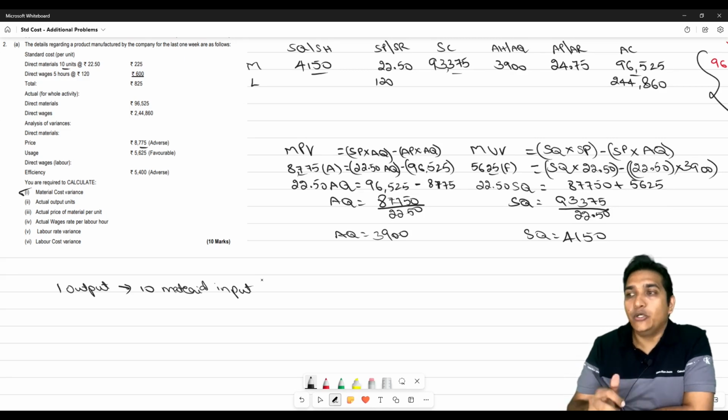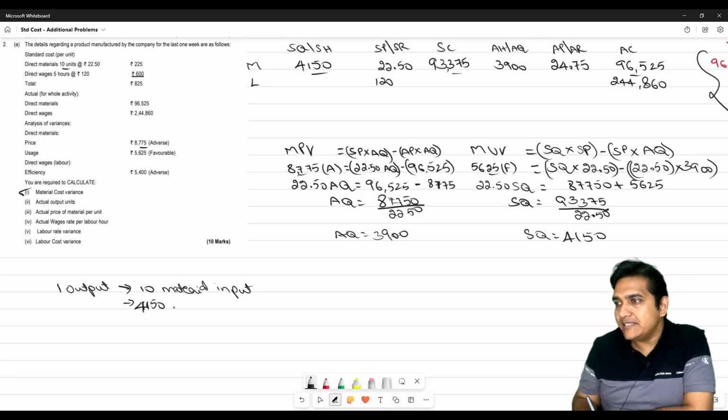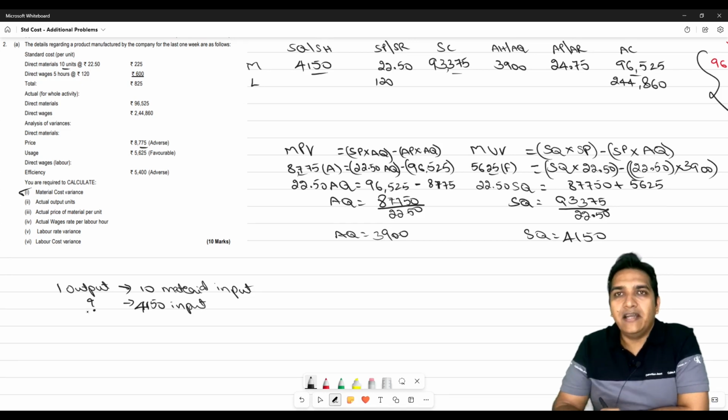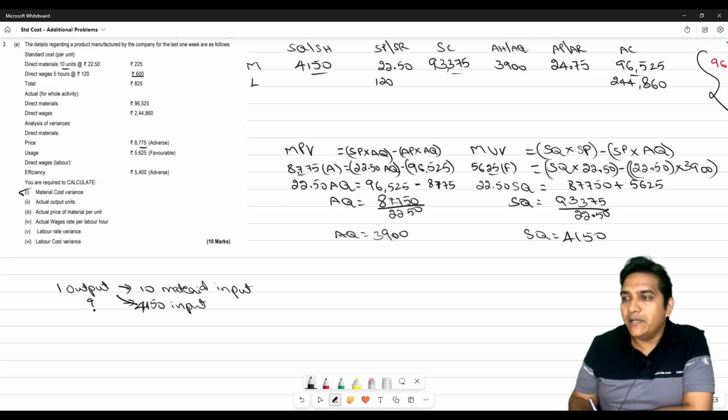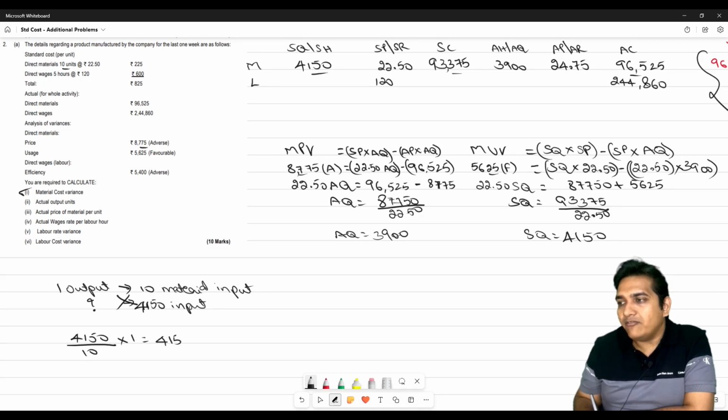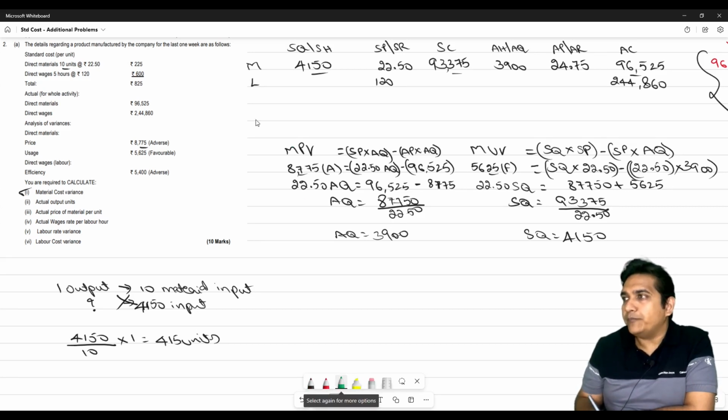So if I have 4150 input, what will be my output? Simple cross multiplication. So 4150 divided by 10 into 1, you get 415 units. So this is my actual output.